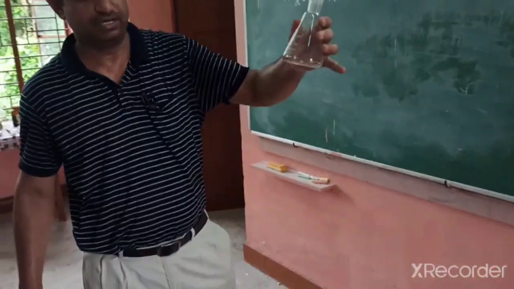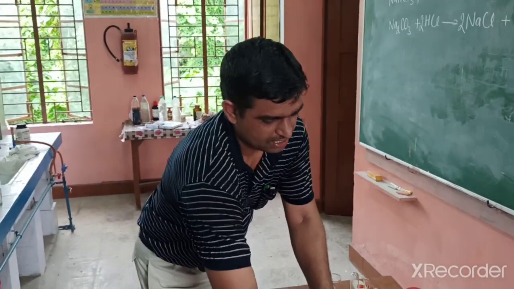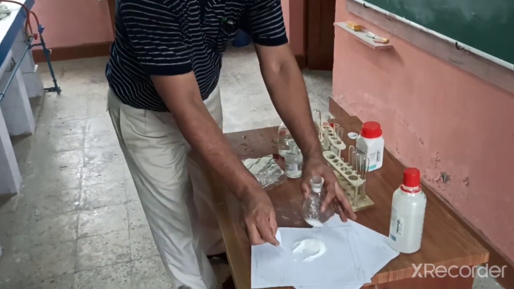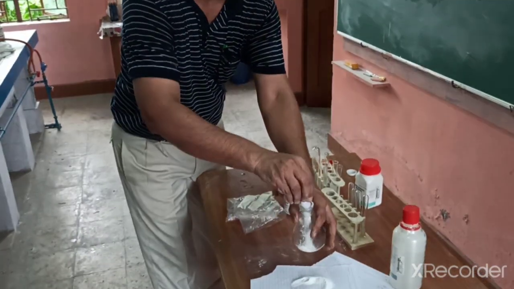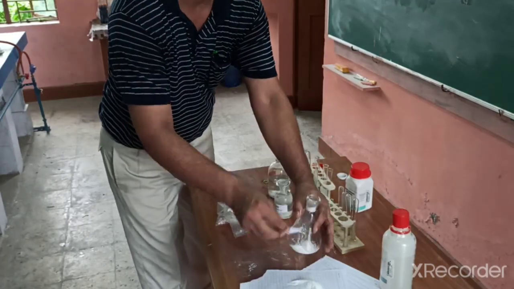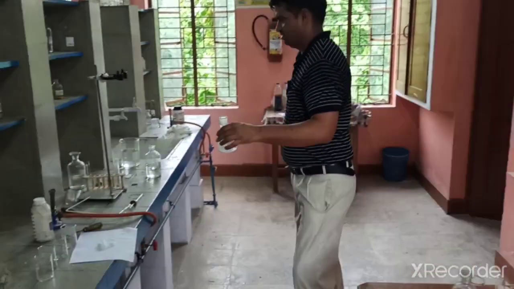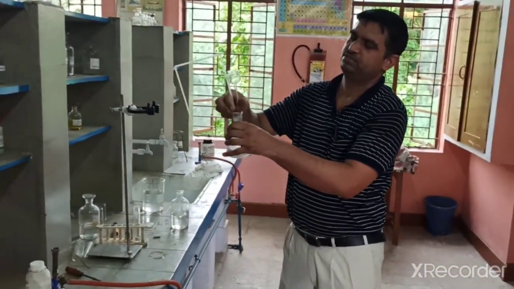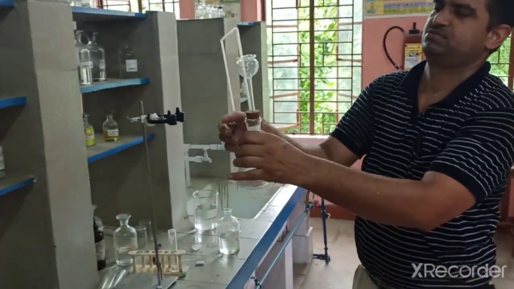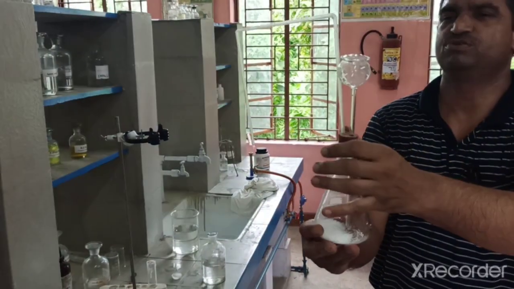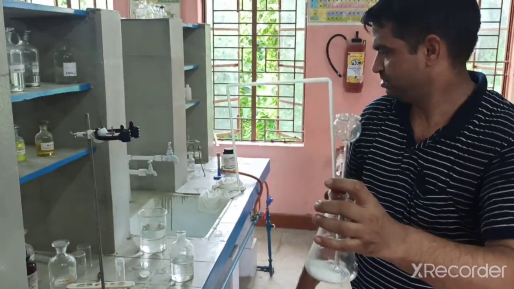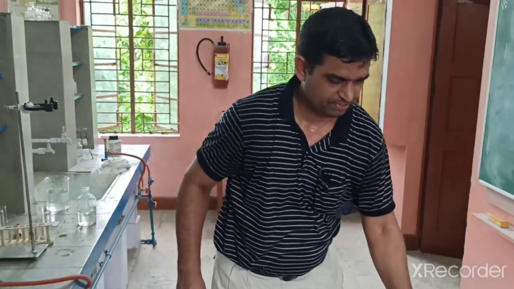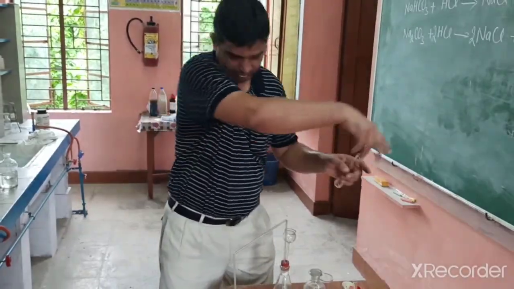We take a conical flask, and we fill some sodium carbonate in it and fit a thistle funnel with a cork. In another test tube we fix lime water.